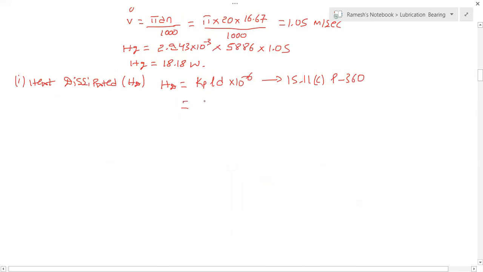It is equal to 70 minus 30, plus 18, whole square, divided by Kp, that value is 0.4743, into length, which is already calculated, is 30, diameter is 20, into 10 raised to minus 6.